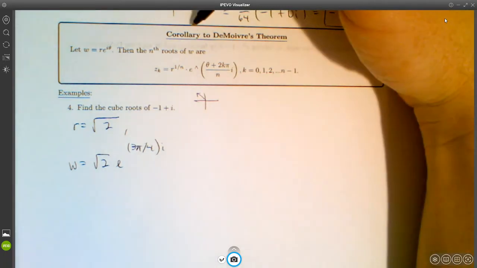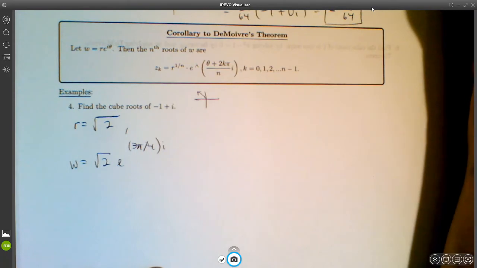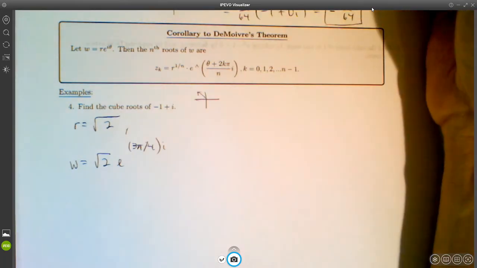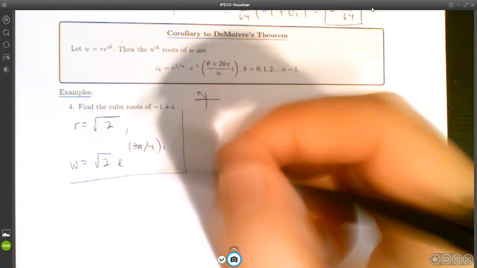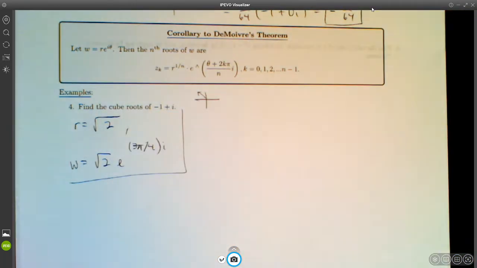Now we can use this corollary to de Moivre's theorem to find the cube roots. If we're finding cube roots, then n is 3, right? We're finding the third roots, the cube roots. So I'm going to have 3 cube roots.